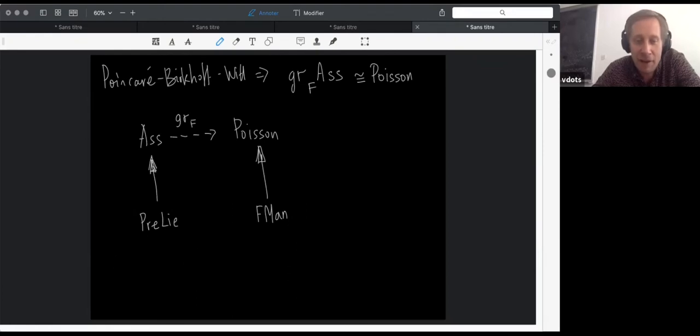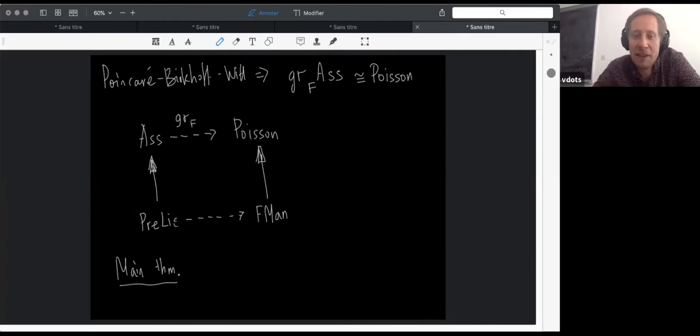And the main result that I am going to explain to you today is that this picture closes in the most obvious way: on the PreLie operad, you can also define the filtration by the ideal generated by the Lie bracket, because there is an analogous map of operads from Lie to PreLie.